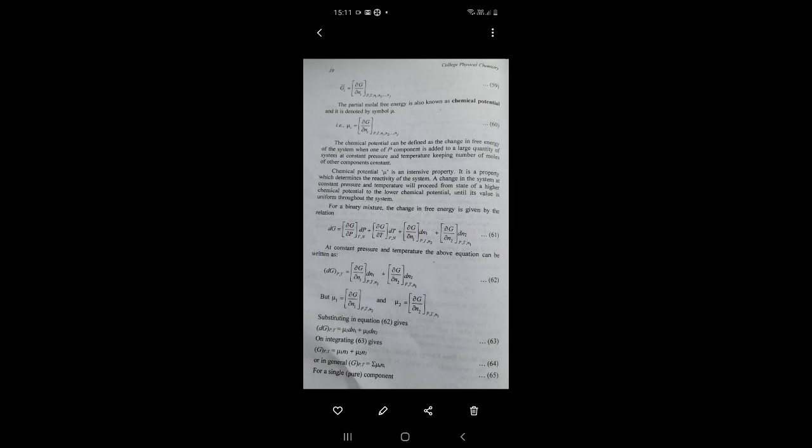If you make the definition of chemical potential, it is very simple. The chemical potential can be defined as the change in free energy of a system when one mole of the ith component is added to a large quantity of the system at constant pressure and temperature, by keeping the moles of other components also constant.